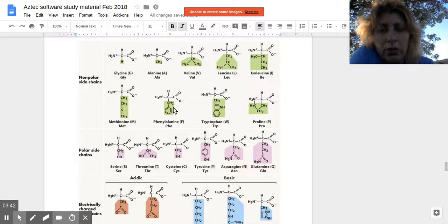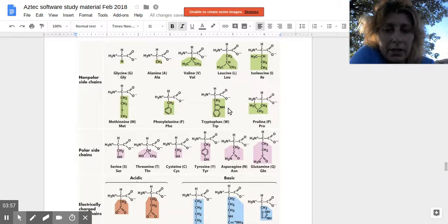Phenylalanine has CH2 and a 6 carbon ring with alternating double bonds. Tryptophan has CH2, 4 carbons and a nitrogen, NH, an alternating double bonds ring, and another 6 carbon ring with alternating double bonds.